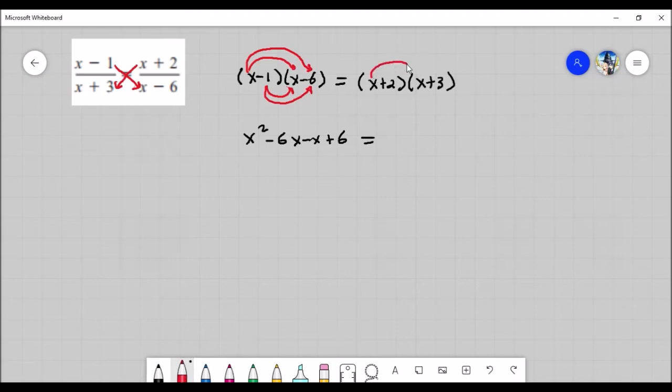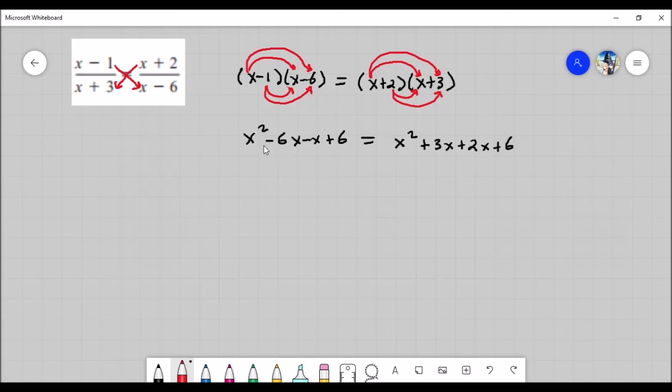So same thing here. You get x squared plus 3x plus 2x plus 6.